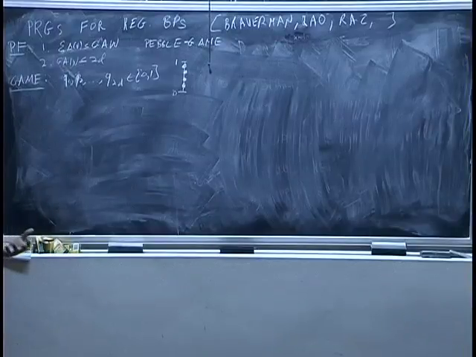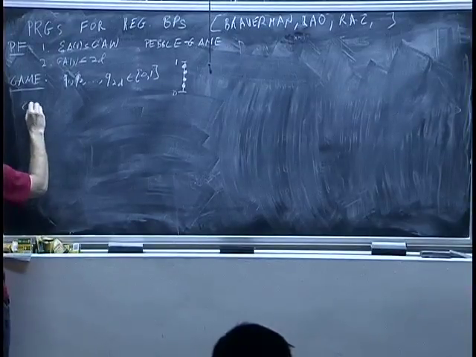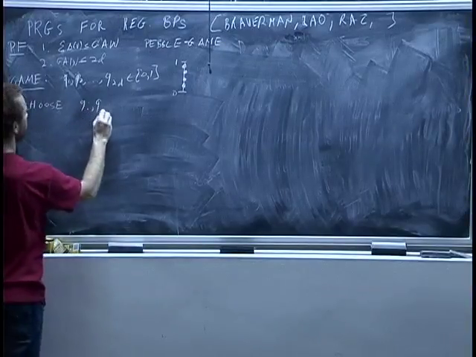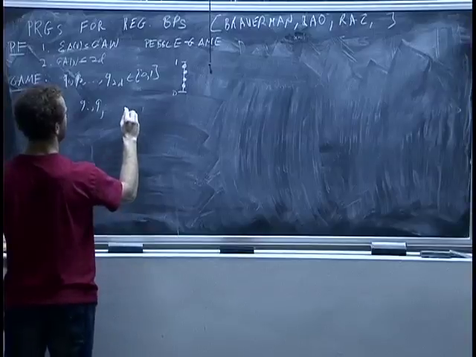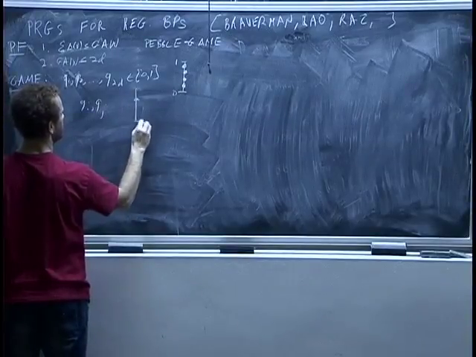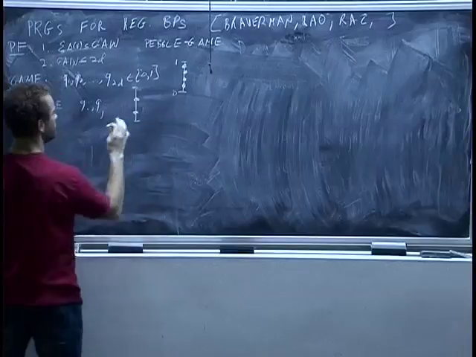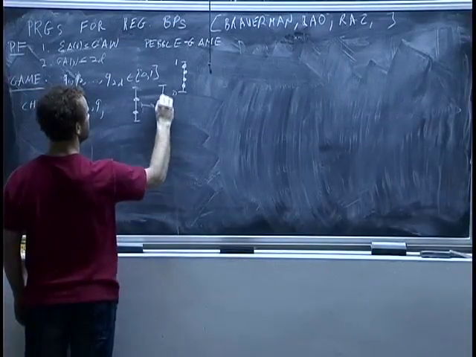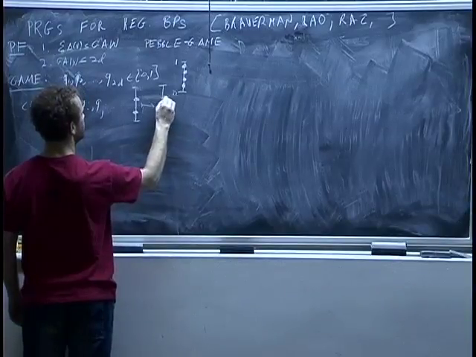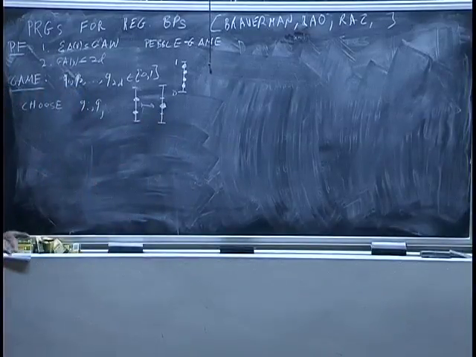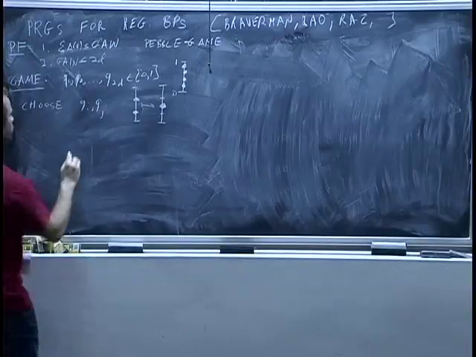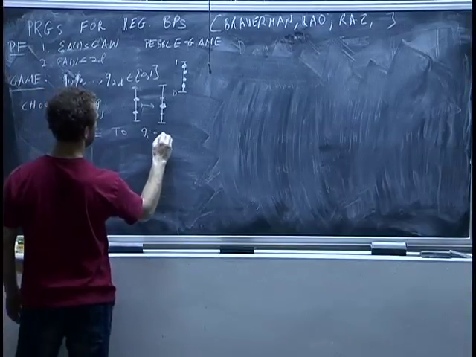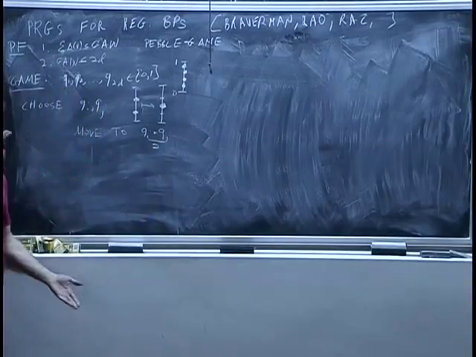And the moves in the game will be the following. We choose Q_I and Q_J. The move we'll do is move both of them to the middle, to (Q_I plus Q_J) over 2, both of them.